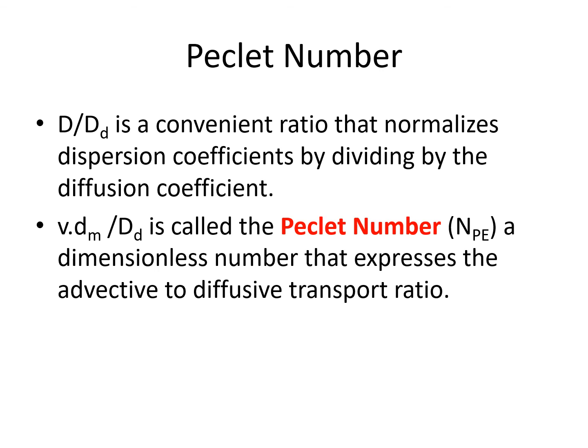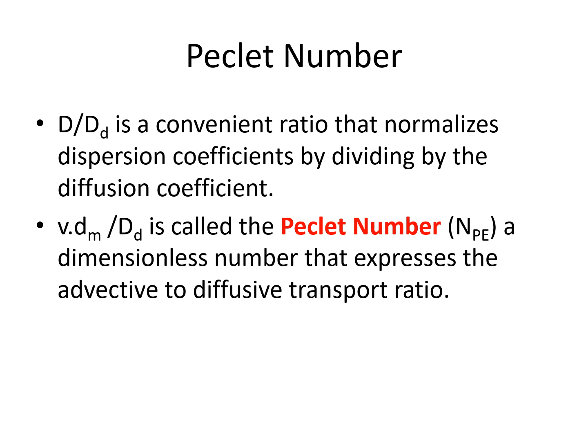The Peclet number is an important factor to determine how efficient this dispersion is. It gives the relationship between the different dimensions and diameters. It is a convenient ratio that normalizes the dispersion coefficient by dividing by the diffusion coefficient.